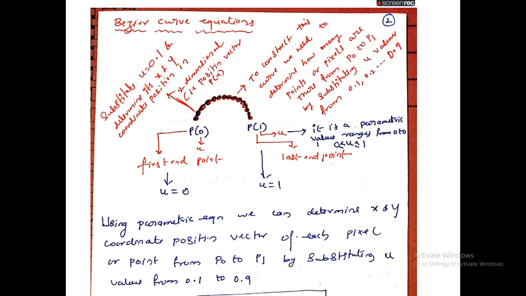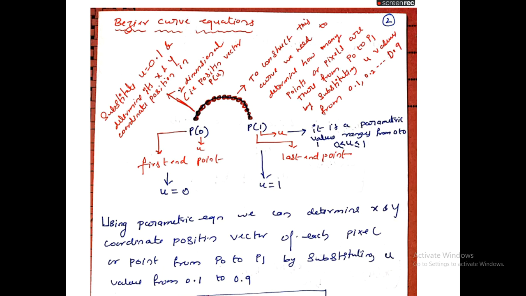The first control point, assume, is p of 0. Like this, you can take n number of control points, but the u value has to range from 0 to 1 only. That is p of 0 to p of 1 only. If you take n number of control points, you will get one curve of one type, one shape.